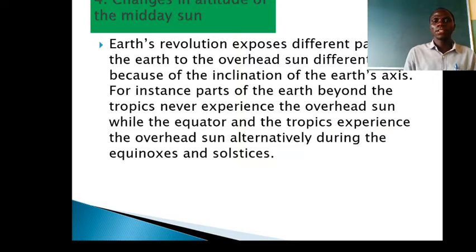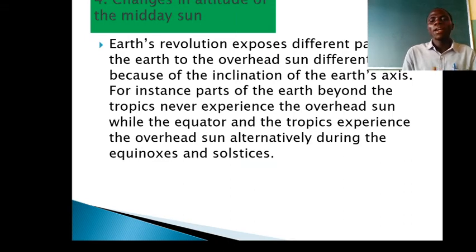For instance, parts of the Earth beyond the tropics never experience the overhead sun, while the equator and the tropics experience the overhead sun alternately during equinoxes and solstices. My dear students, parts of the Earth located, for instance, on the northern pole and southern pole never experience the overhead sun.